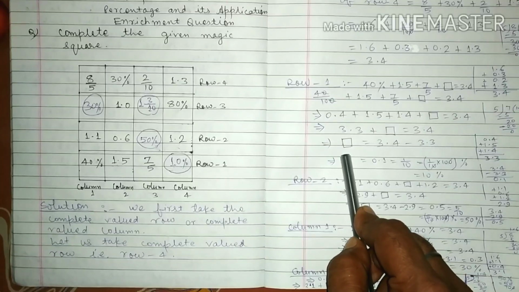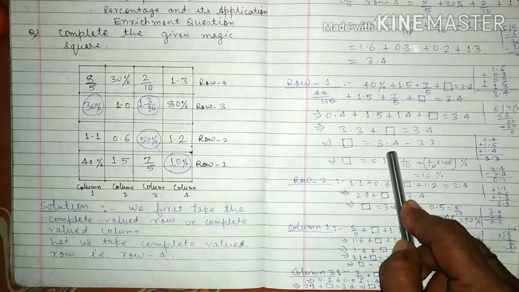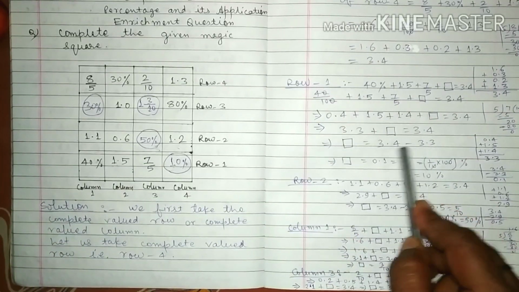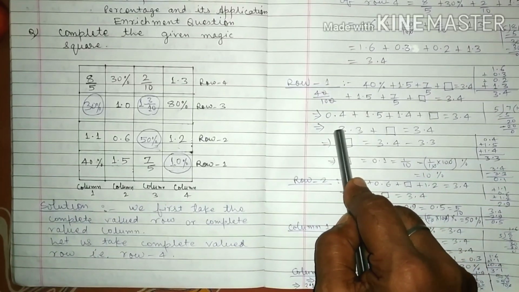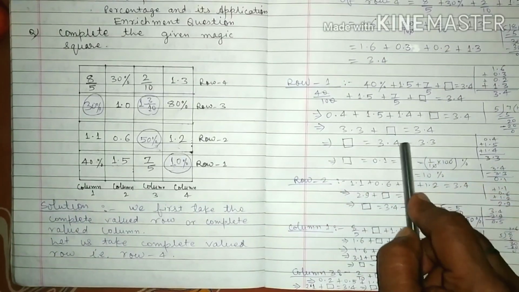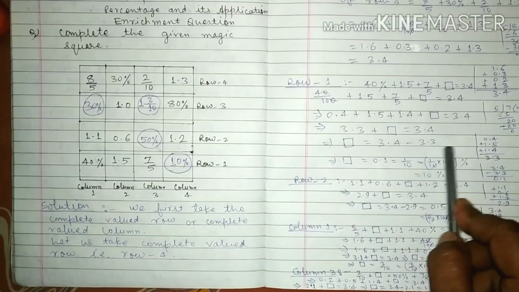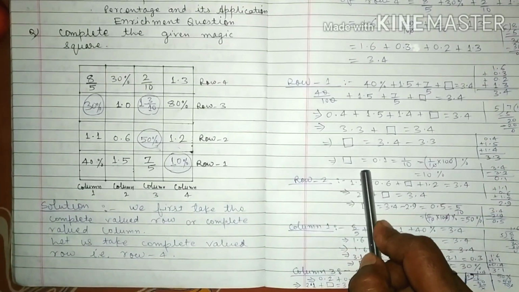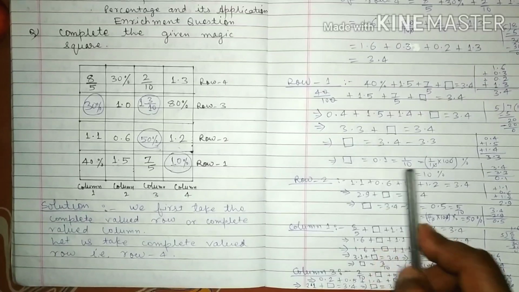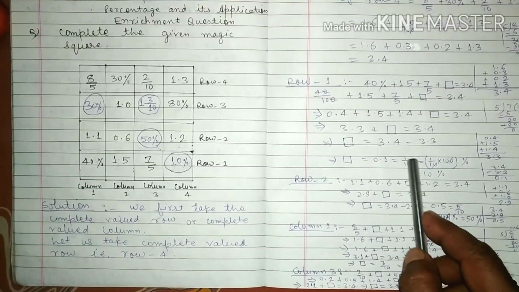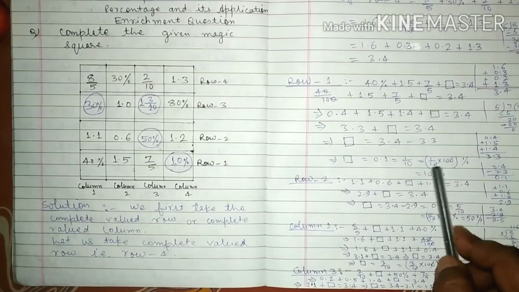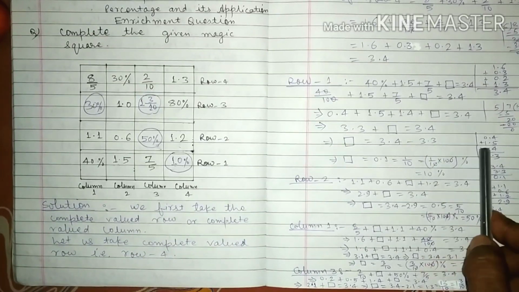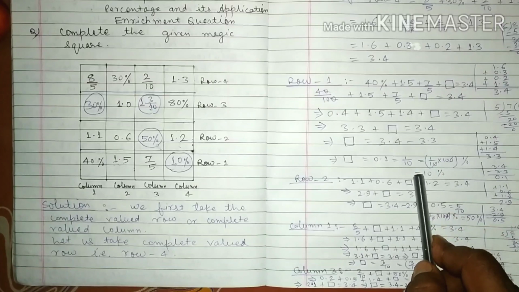So we get box equals 3.4 minus 3.3. The sign of 3.3 is plus, so when it is shifted from left to right, the sign will be negative. Then the value of the box equals 0.1. 0.1 can be written as 1 by 10. When we change to percent, we multiply by 100, we write in bracket and percent. 0, 0 cancel, it is 10%.